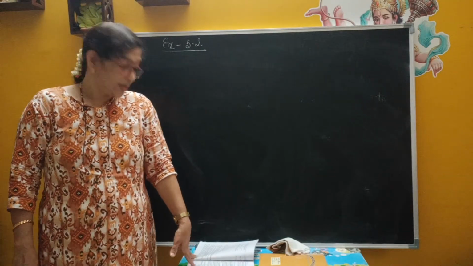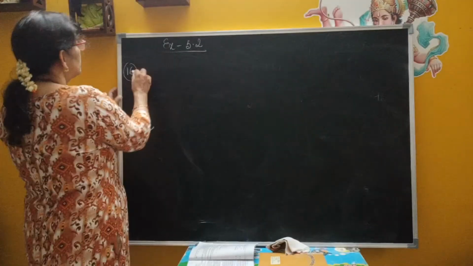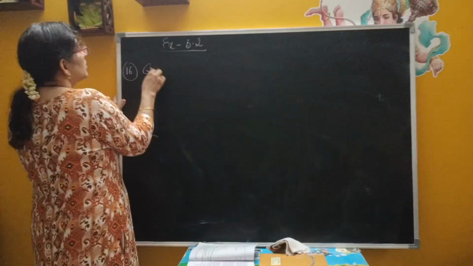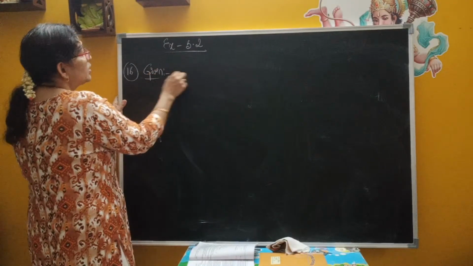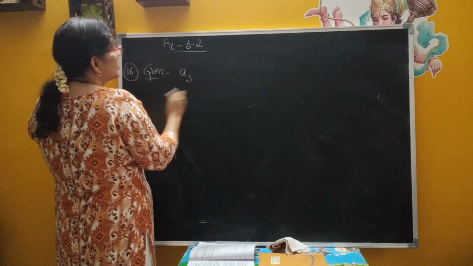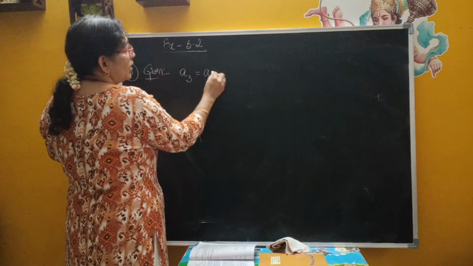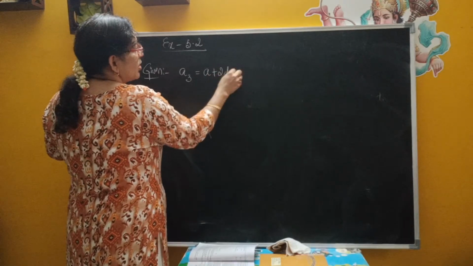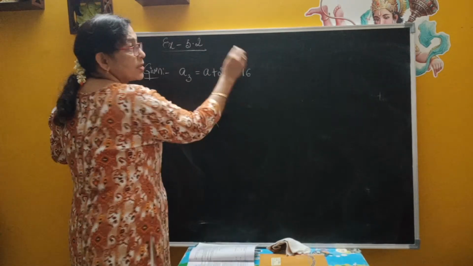A3 is 16. First you write what is given in the question. A3 is nothing but A plus 2D, equal to 16.